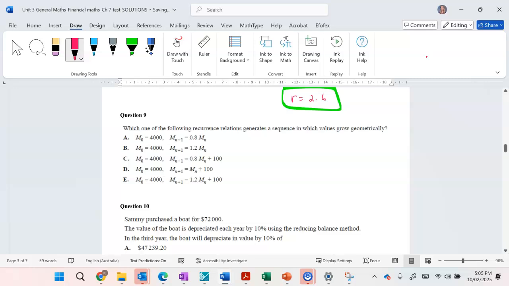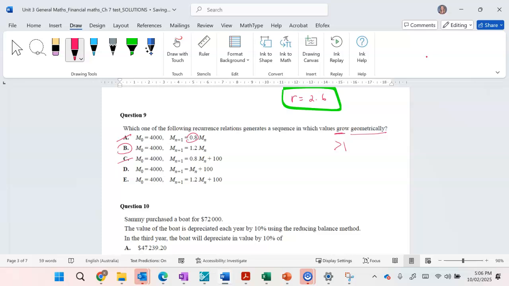All right, question 9. Which one of the following recurrence relations generates a sequence in which the values grow geometrically? So we want it to increase, so it means the ratio has got to be greater than 1. If it's decreasing, it's less than 1. And geometric just means it has a common ratio. So this is 0.8, which is less than 1, so it's not going to be A. 1.2 is, so your answer is going to be B. 0.8 again.